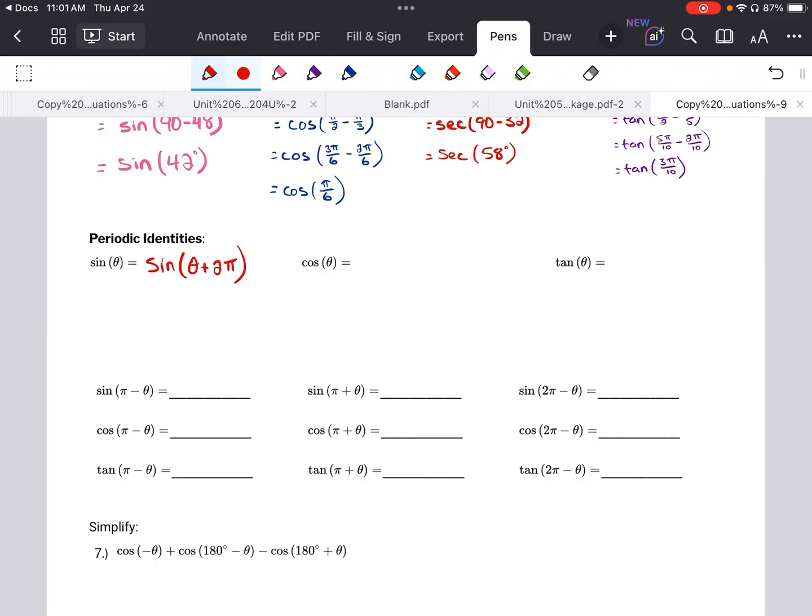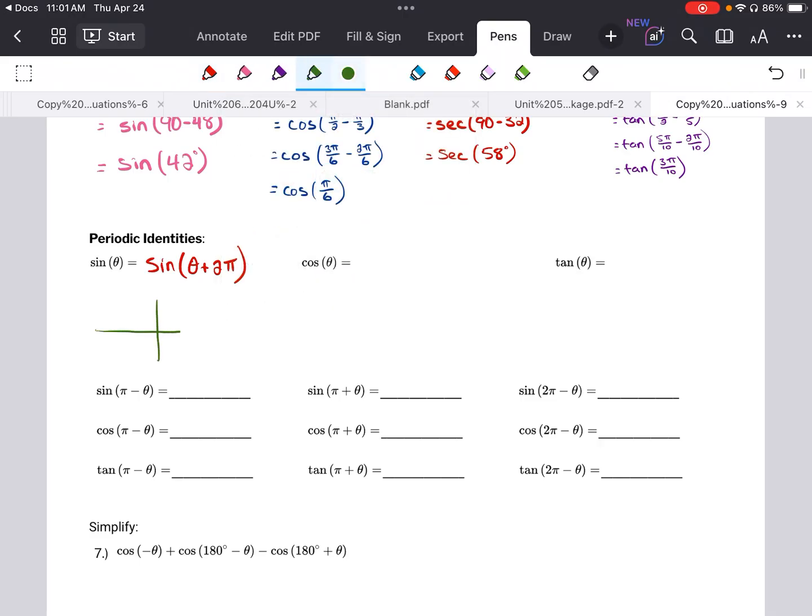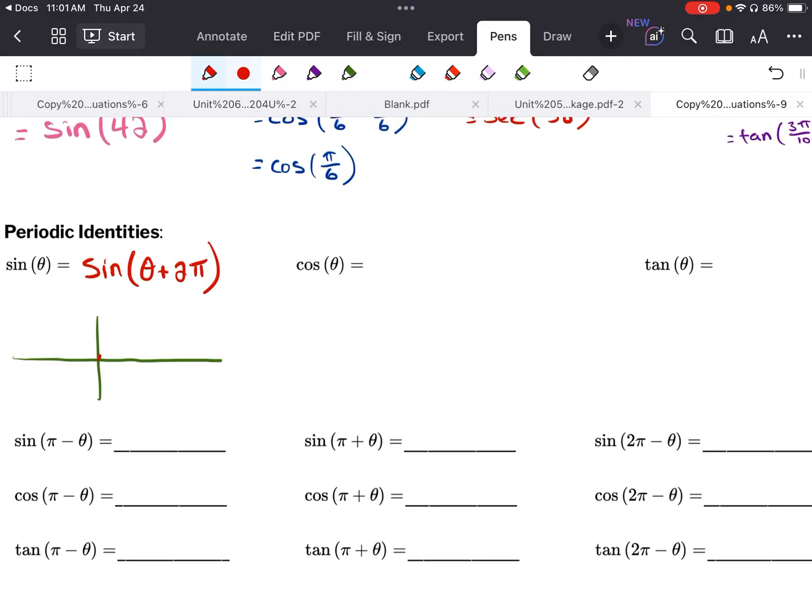Okay, again, if you want a quick diagram, here's our original sine. And then at 2 pi, it starts over. Or you could go backwards 2 pi. Okay, so this point is 2 pi.